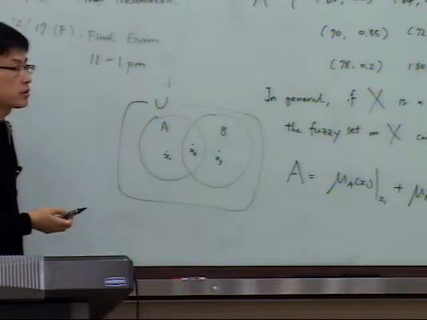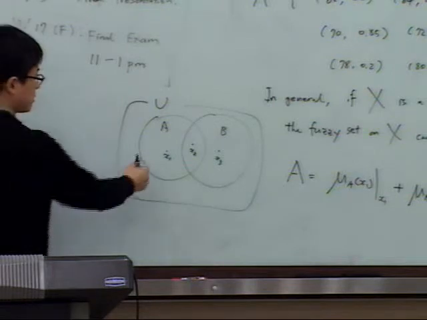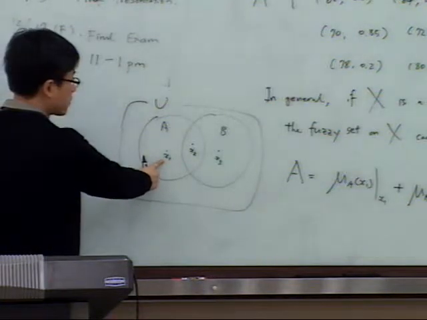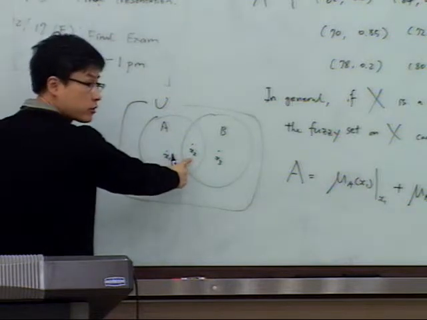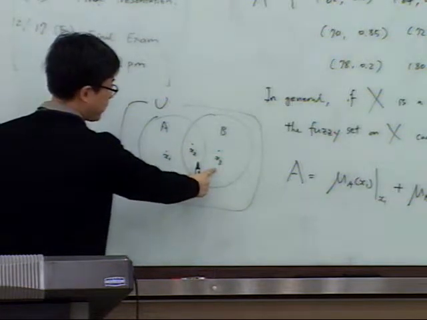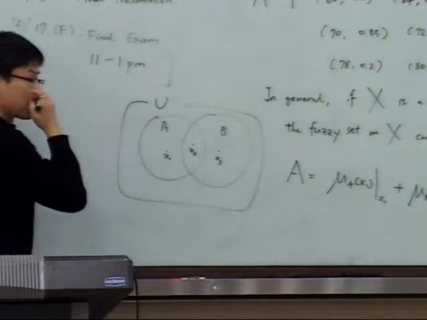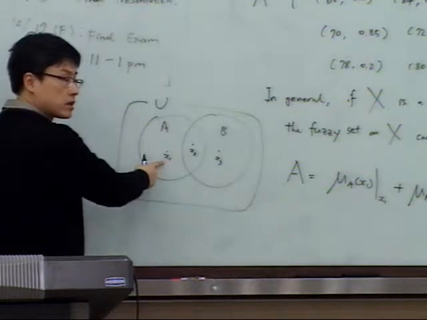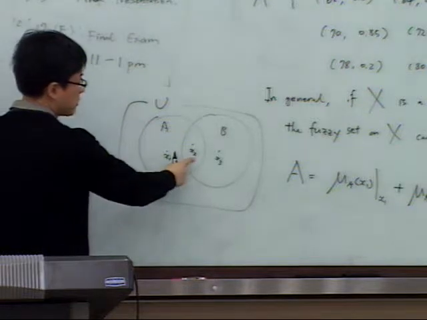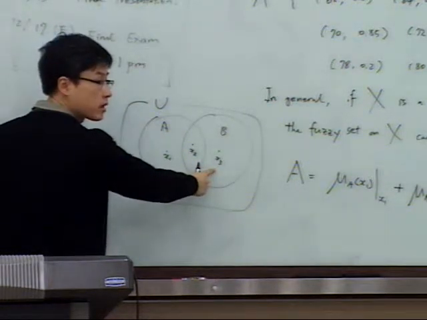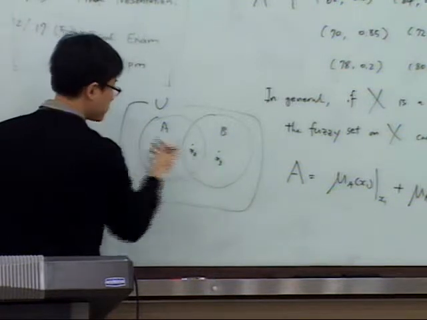In classical crisp set theory, mu sub A x1 is 1, mu sub A x2 is 1, mu sub A x3 is 0, right? Mu sub B x1 is 0, mu sub B x2 is 1, mu sub B x3 is 1.